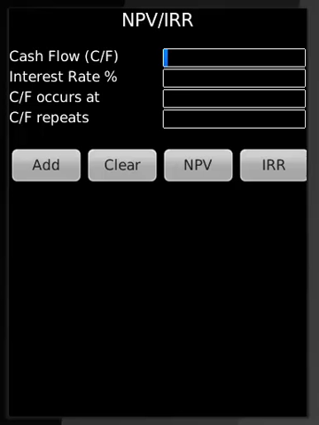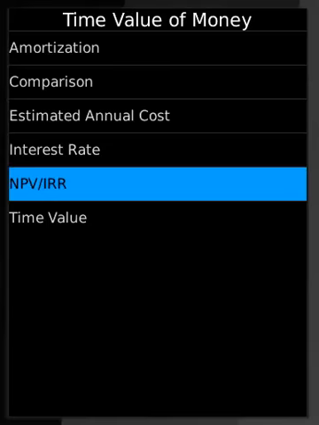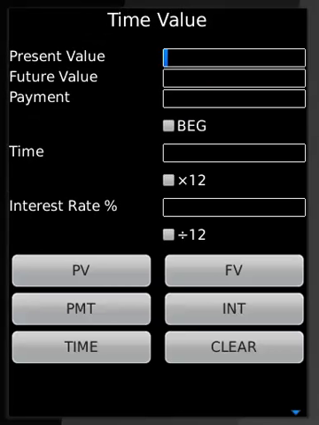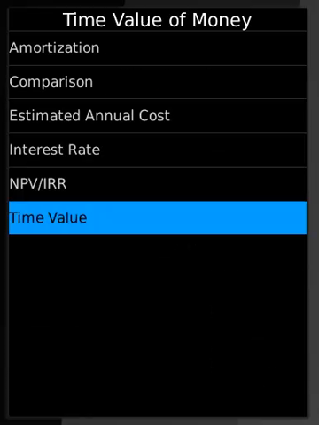Here the cash flow can occur at any time and cash flow can repeat. So this is a flexible NPV and IRR calculator. Time value of money, it calculates PV, present value, future value, payment, interest and time, provided 4 variables are supplied, the other is not.